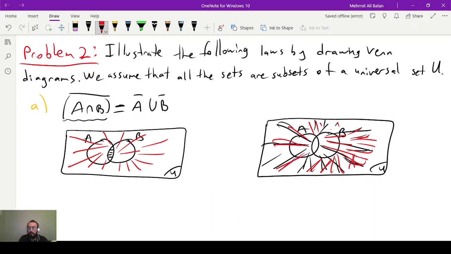The red areas represent either the complement of A intersection B or the complement of A union the complement of B. They are the same.